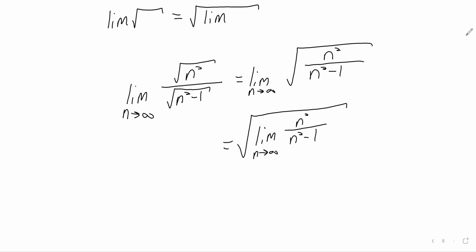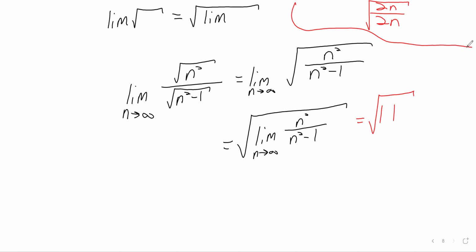And now L'Hopital's rule, or maybe you don't need L'Hopital's rule. Maybe you just look at this and you say, well, the degrees are equal, so we divide the leading terms. And if we hit this with L'Hopital's rule, we get 2n and 2n.